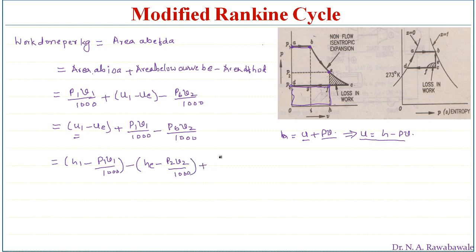Plus P1 V1 divided by 1000 is taken as it is, minus PB V2 divided by 1000 is taken as it is. On further simplification, the enthalpy terms are taken together, H1 minus HE, plus these terms. P1 V1 divided by 1000 minus P1 V1 divided by 1000 gets cancelled.